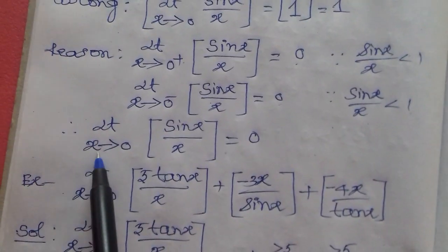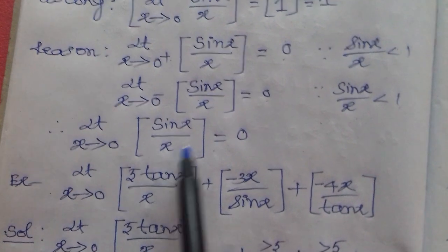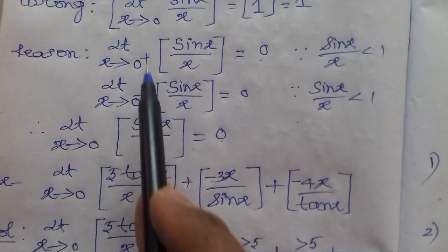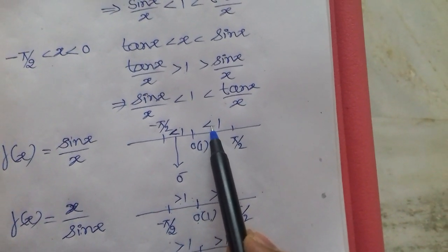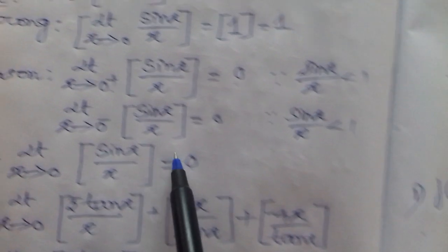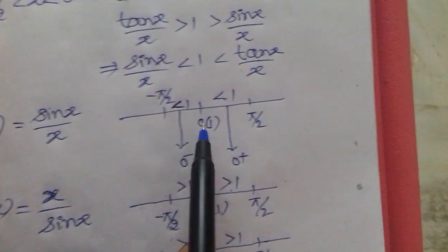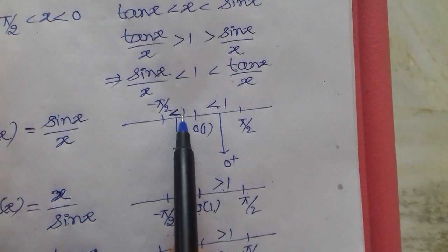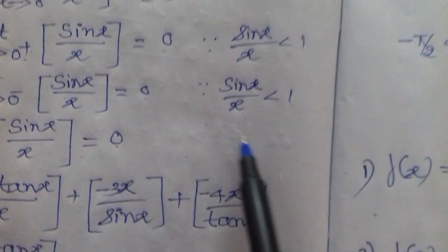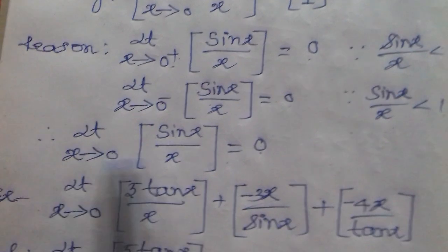So therefore limit x tends to 0 step of sin x by x is what? 0. While calculating 0 plus, look here, less than 1. Less than 1 means step is 0. While calculating left limit, this is also less than 1. That means less than 1 means 0. So like that limit is 0.